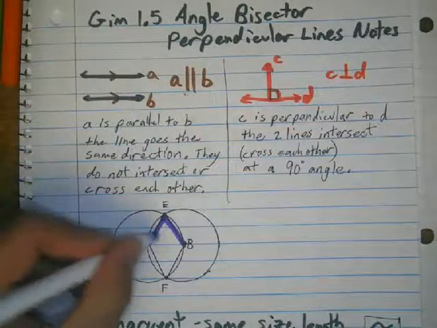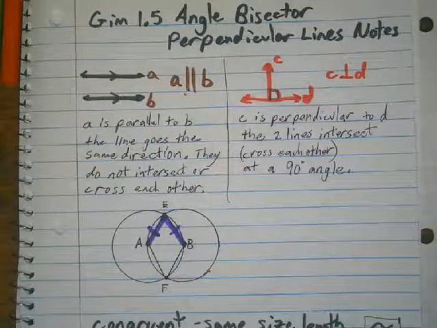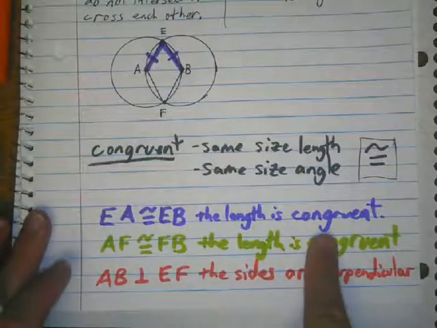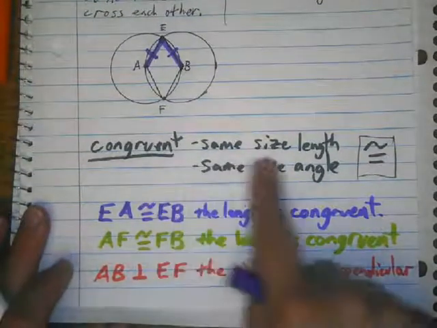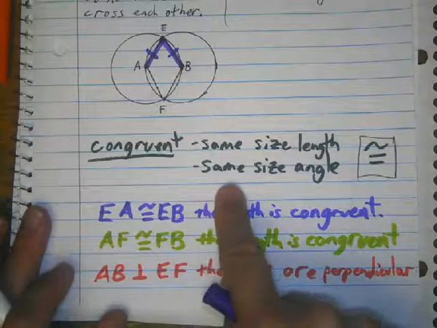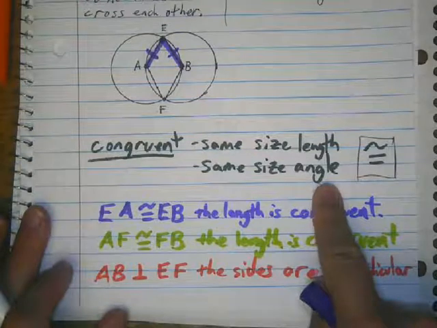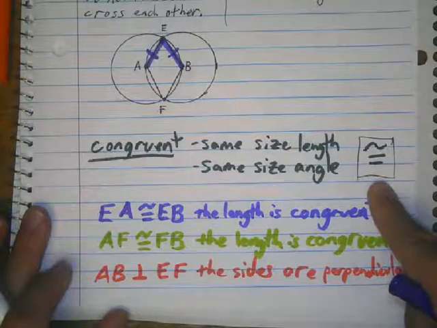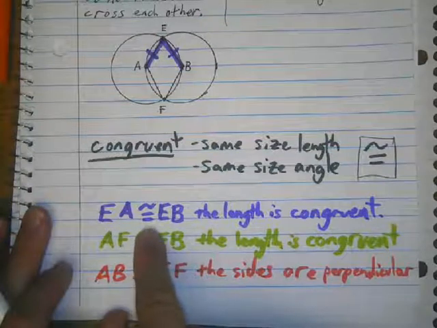So we know that those are the same length, so we could say that they are congruent. And as I said, congruent means the same size length, and later we're also going to be talking about the same size angle. And whenever you see this symbol, this means same length. So they're the same length.